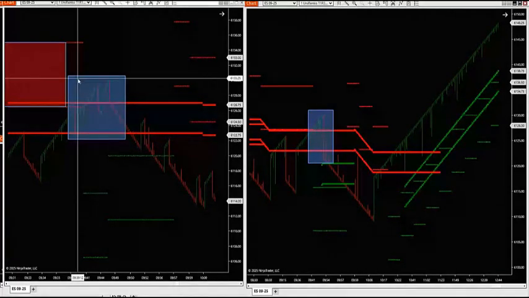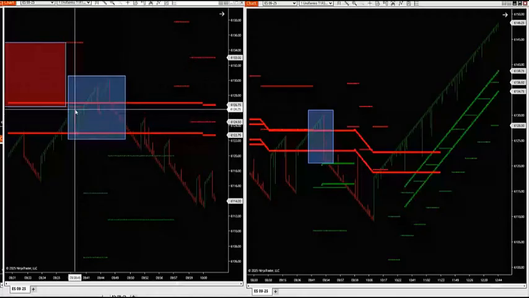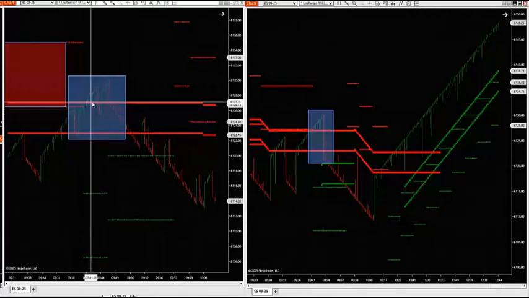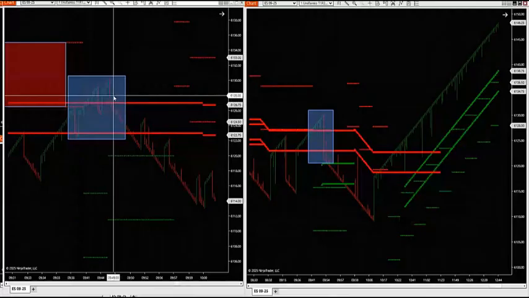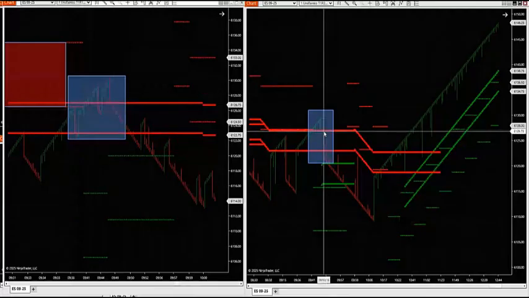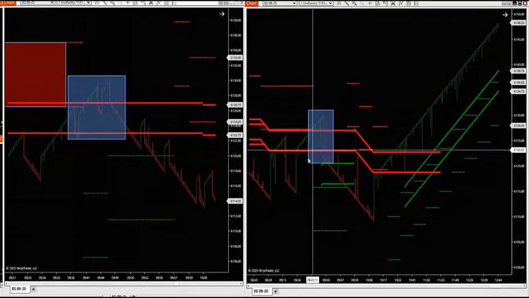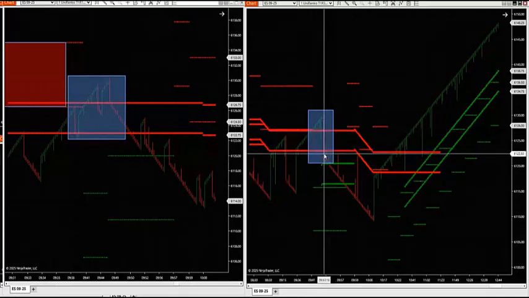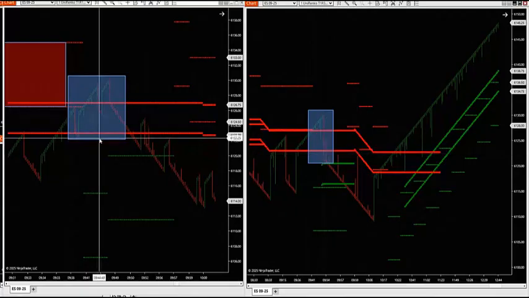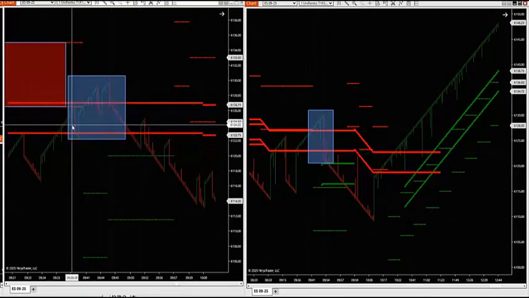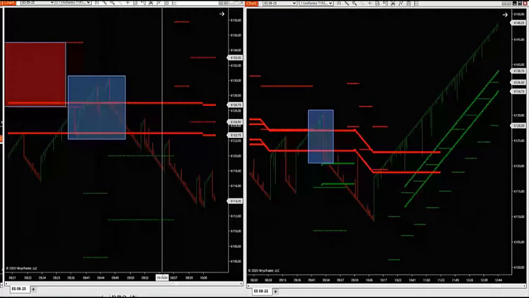Some traders don't like to trade off of a smaller Renko because it does multiple V-tops and V-bottoms. Others like to trade off of a single reversal. They like to trade off of a 1130 or a 1135 because it just gives you a single type reversal. But that's the biggest difference between going lower: you're going to get more multiples.